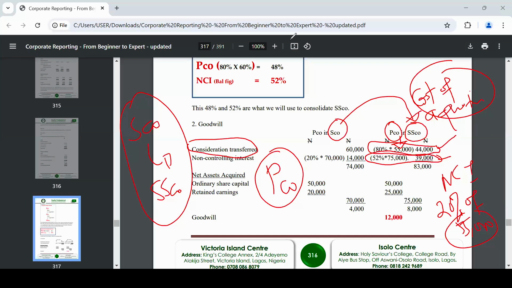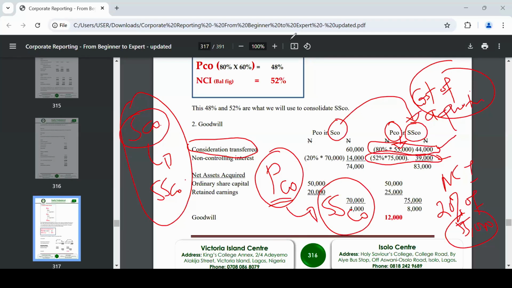Every constituent member of this group that is owned by PICO is what you want to bring into the books. So therefore, you should rather pay attention to PICO's interest in SSCO. In as much as PICO only has an interest in SSCO because it is the owner of ESCO, it does not mean that you will pay attention to ESCO buying SSCO.